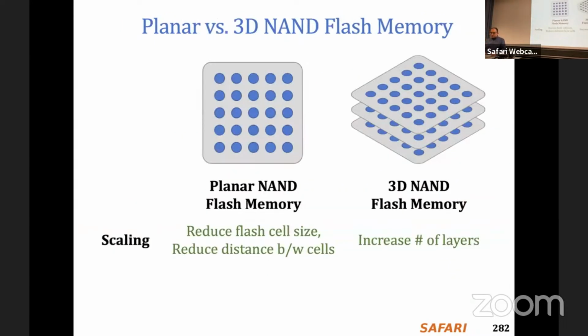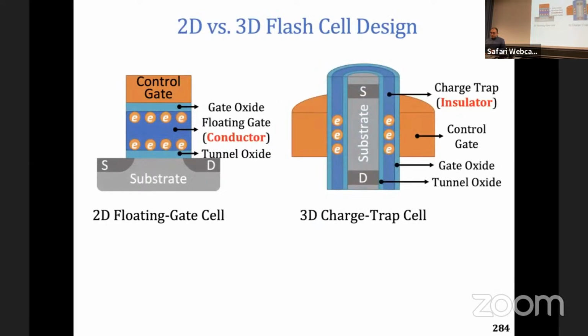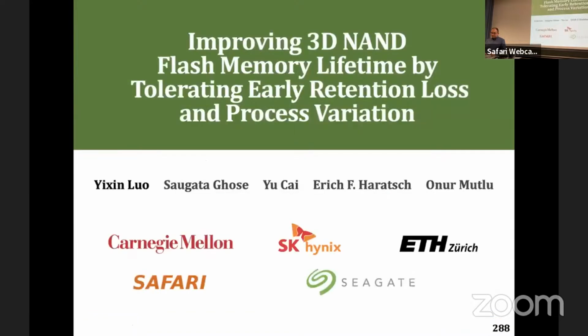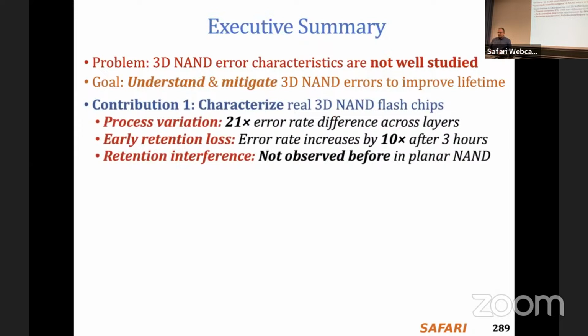This is a slide that we already showed about planar NAND flash memory and 3D NAND flash memory, with the structure that you know, and a comparison across 2D and 3D NAND flash memory. In this work we discussed 3D NAND flash memory. The problem that we focus on is that 3D NAND error characteristics are not well studied.